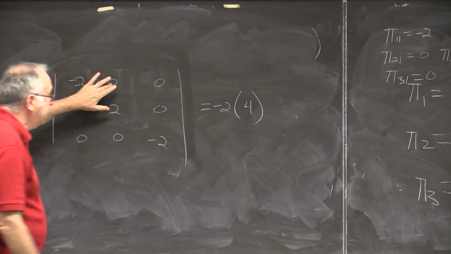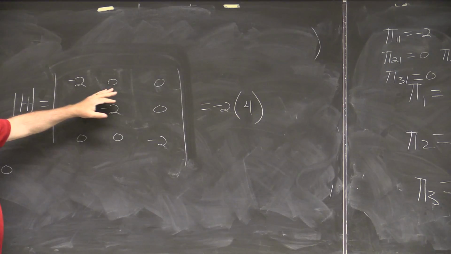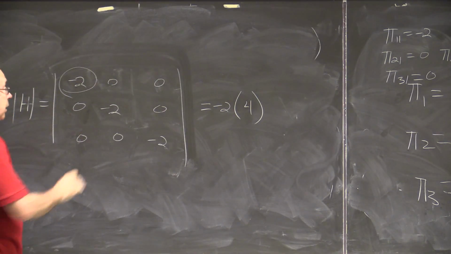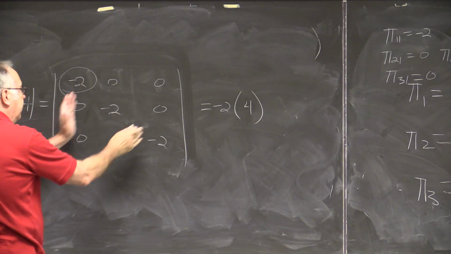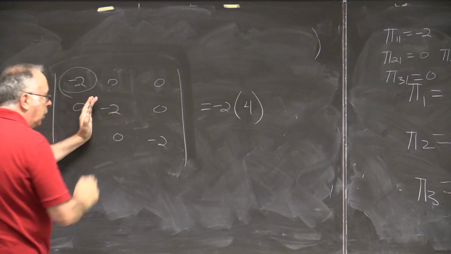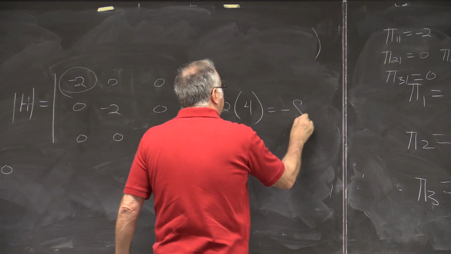Now the next 2 elements are zeros. So you're done. So if you expand across the first row, all you do is take this element times its minor. Delete that row, that column, you're left with this. And the determinant of this 2 by 2 is 4. So it's minus 2 times 4, minus 8.